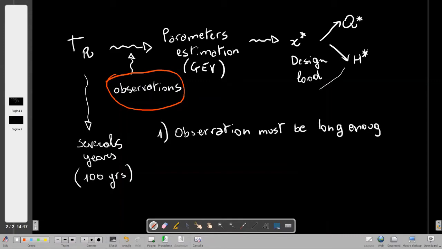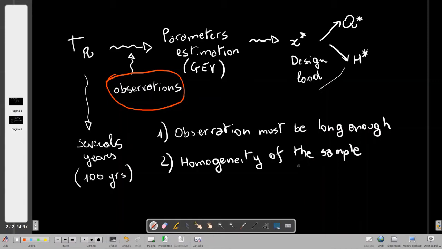But on the other hand, we need also to talk about the homogeneity of the sample. By means of these words, it is rather unclear what I mean when I say that the sample must be homogeneous.